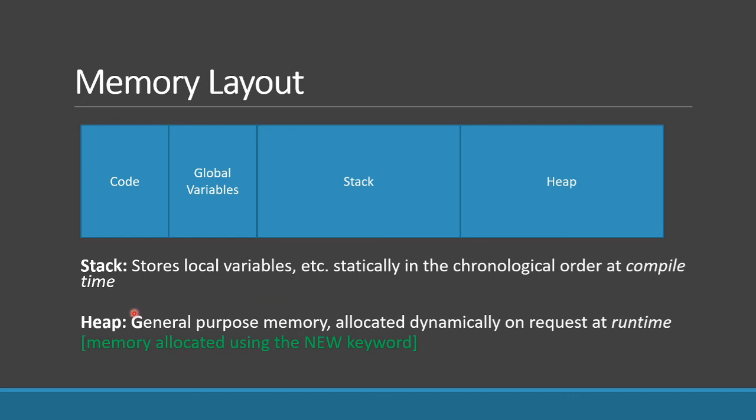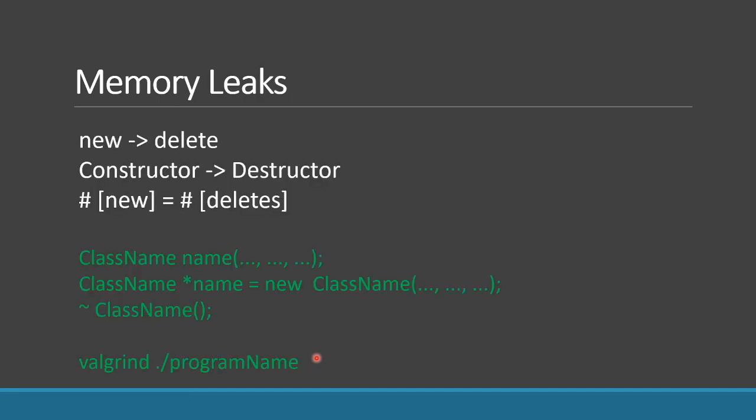And then the heap is really your general purpose memory that you can allocate dynamically on request at runtime. And you do that using the new keyword. So then we discussed how a delete undoes the new keyword and how a destructor undoes a constructor. And that in general, you want to have the number of new keywords match up with the number of delete keywords.